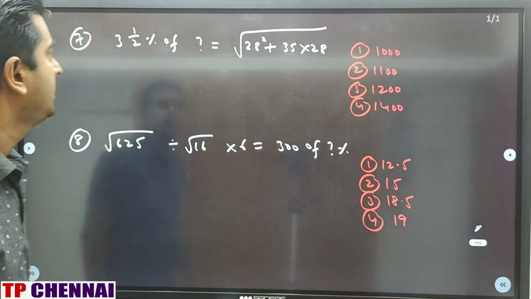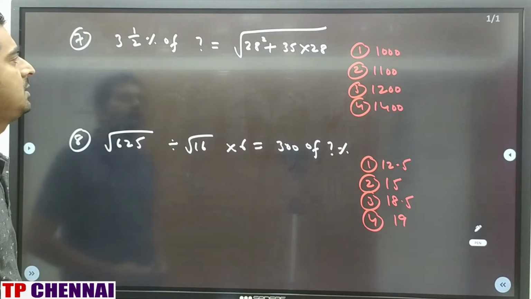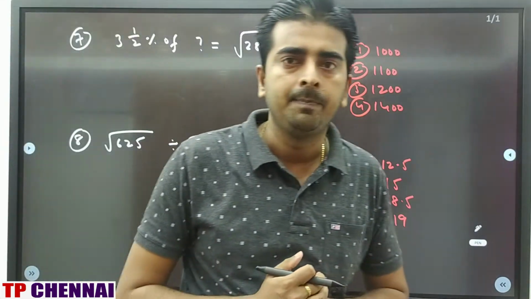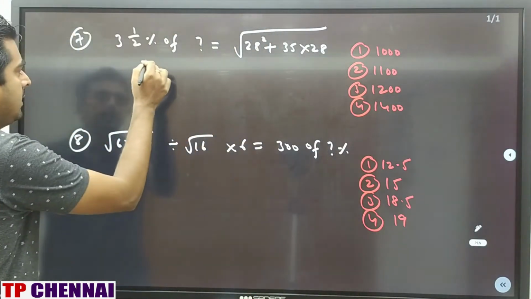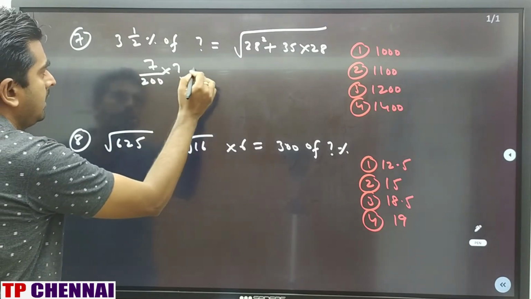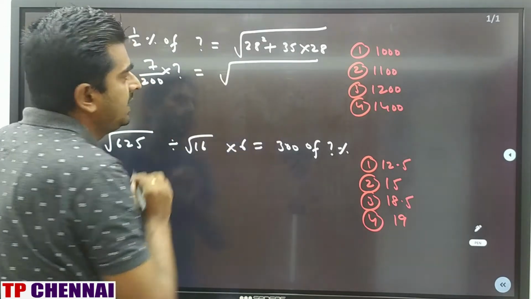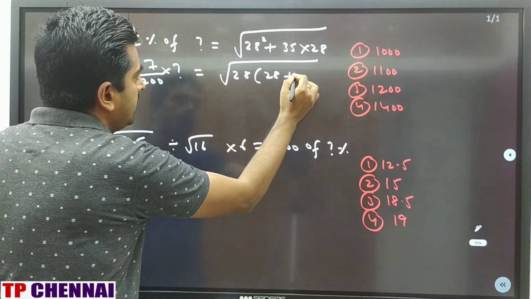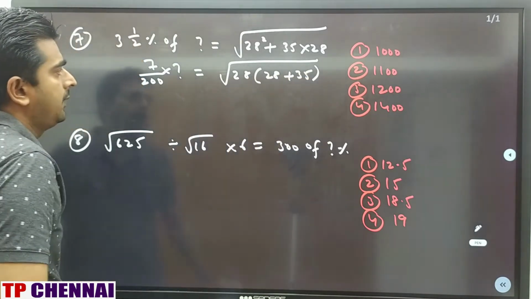Now we see the seventh one. 3 1/2% of question mark is equal to square root of 28 square plus 35 into 28. Right? This is 7/200 question mark is equal to, from this I am taking 28 common. This is 28 plus 35.